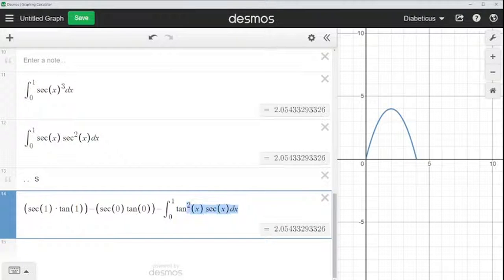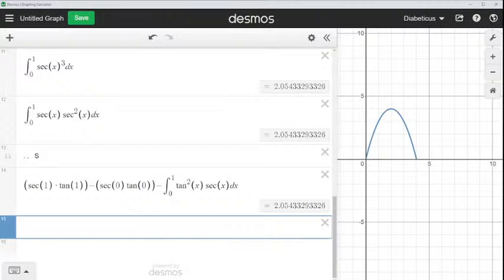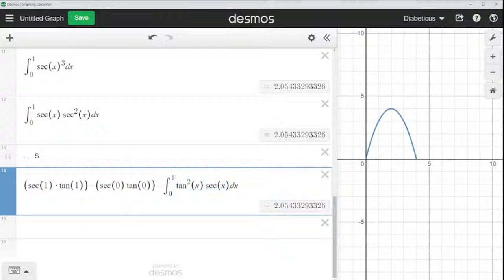Okay, can I solve this? Well, let me go on from here. Let me try to solve this thing here. So what can I do to solve this? Let's see. Tan squared secant.